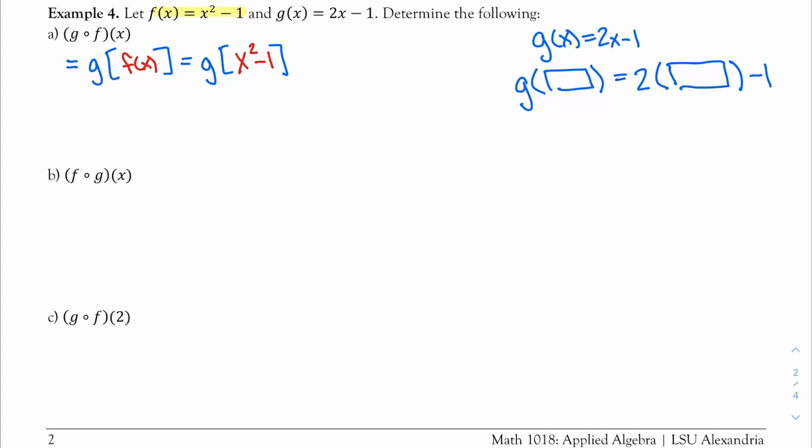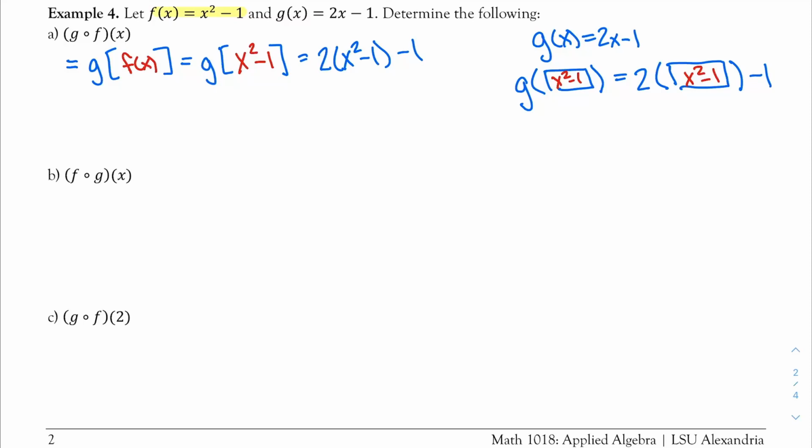So, since I want g of x squared minus 1, I'm simply putting x squared minus 1 into that blank. Now if I put x squared minus 1 into my blank, I end up with 2 times x squared minus 1, minus 1.